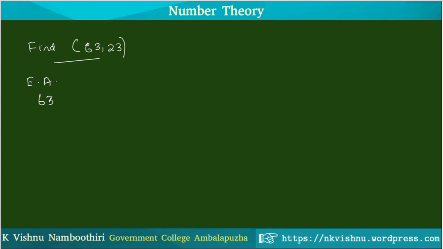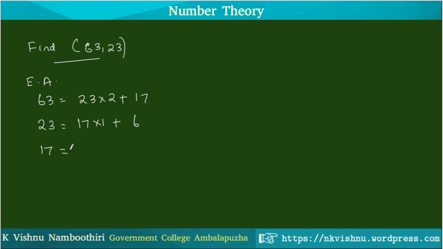So 63 equal to 23 into 2 plus 17, since 23 into 2 is 46. Now we follow the steps in the Euclidean algorithm: 23 equal to 17 into 1 plus 6.